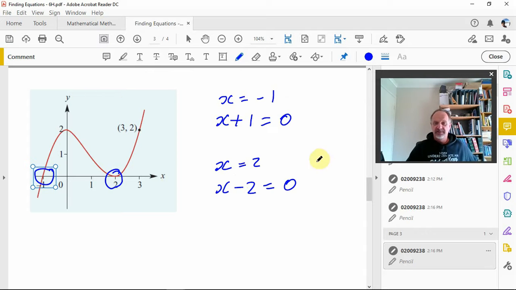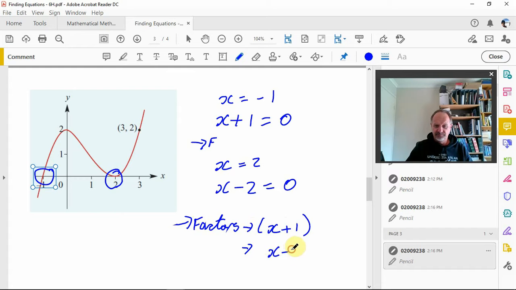All right, so this helps us find our factors. Well, x plus 1 is a factor. The other one is x minus 2.